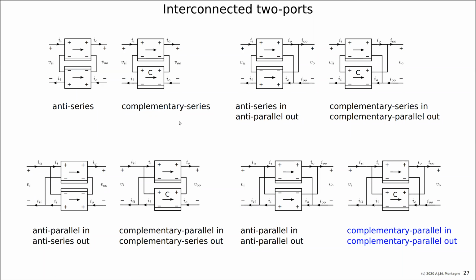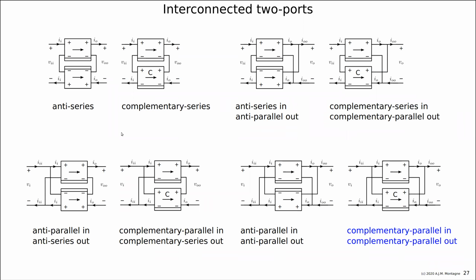So the complementary series is not possible with three terminal elements. And also the anti-series. The only one that is possible is the one completely at the end. There you see I have minus again connected to each other. So at the end, the complementary parallel in and the complementary parallel out. There I can also put one transistor in, and one would be an N device and the other would be a P device, and that will be a valid solution.